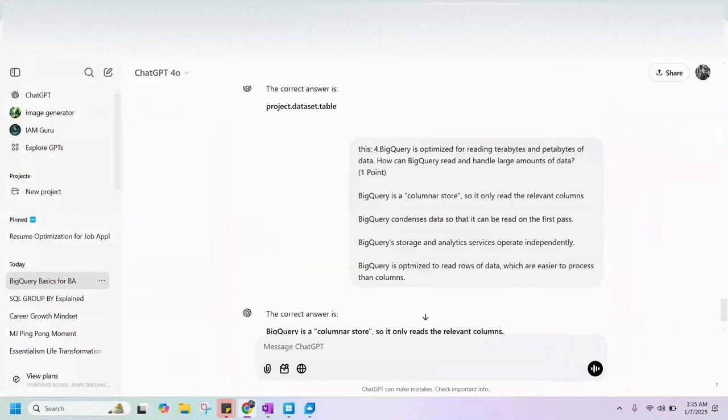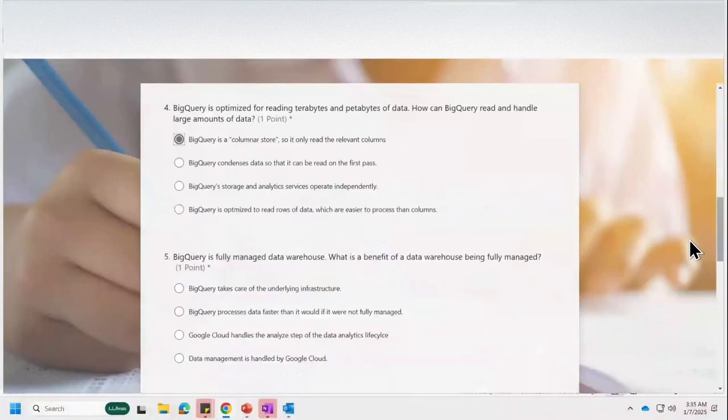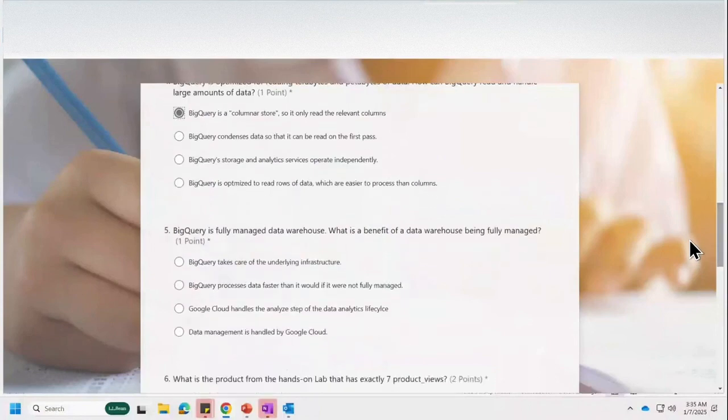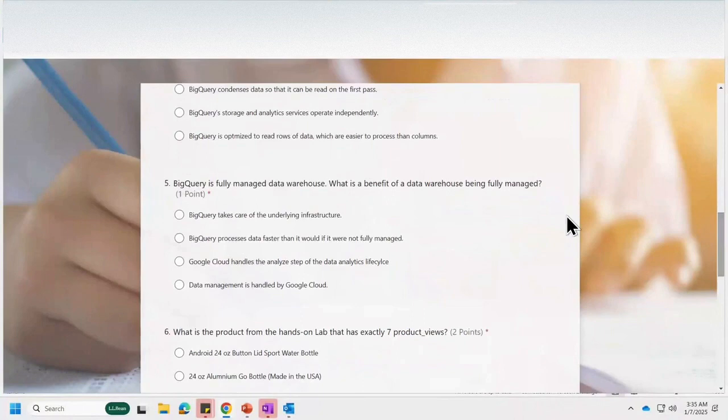Okay. I don't know if ChatGPT is right, but let's go with it. Takes care of the underlying BigQuery process data possible.